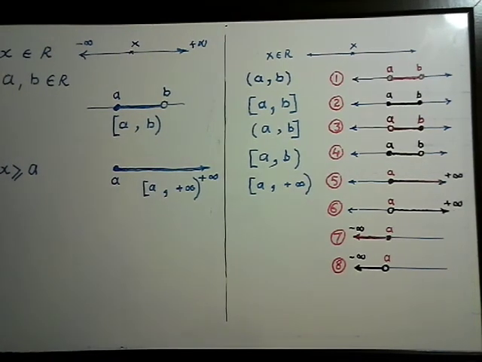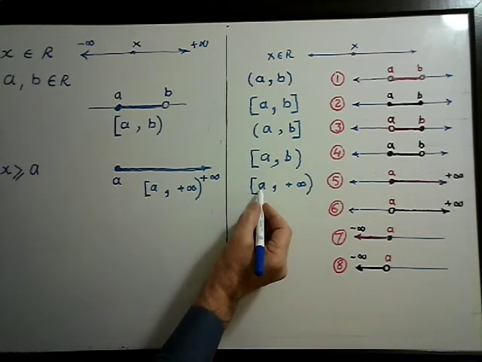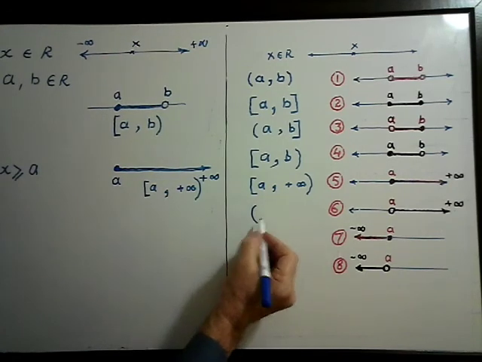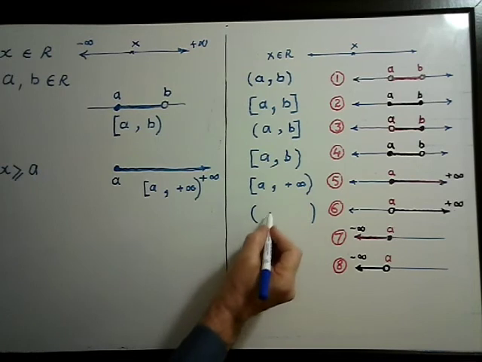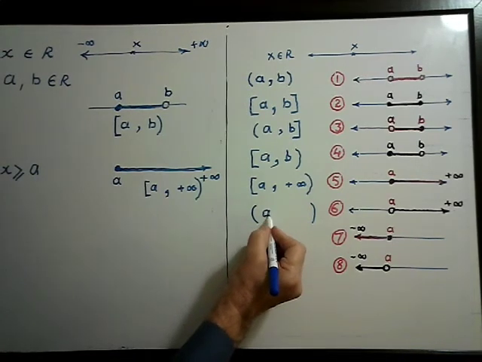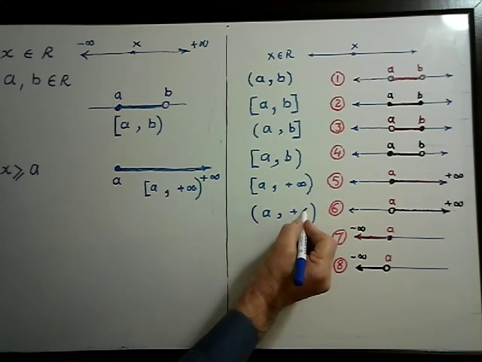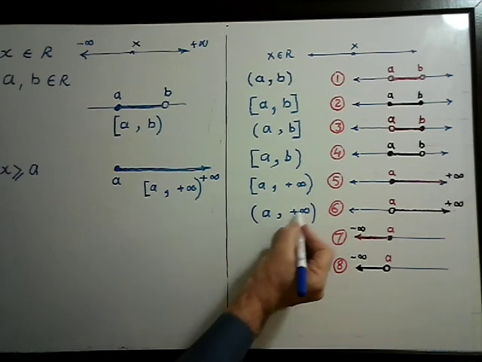When it does not include a, but includes all the numbers after a, this will be open from both sides. Not including a and not including positive infinity, just including all the numbers between them.